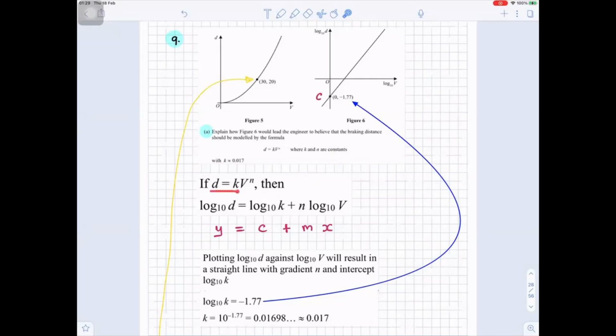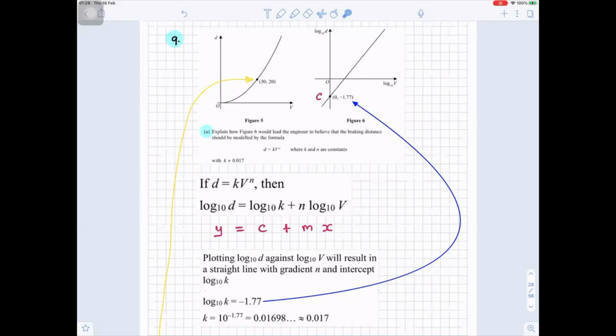If d = k times v^n, then putting log to the base 10 in front of d, log d equals log k plus, because when you take logs you separate them and add them, the n comes in front, n log v.